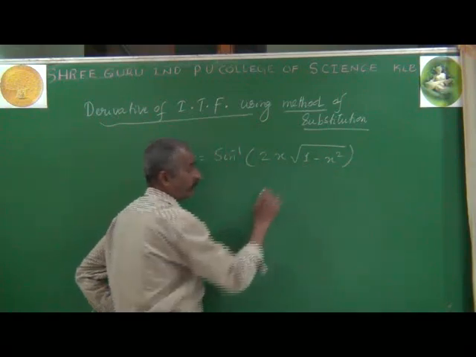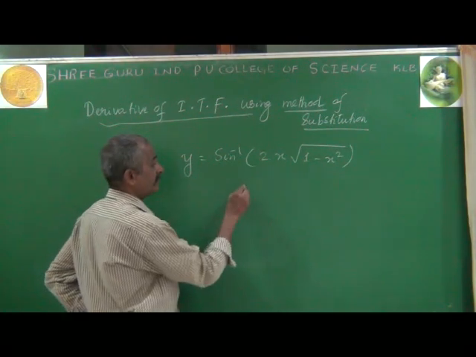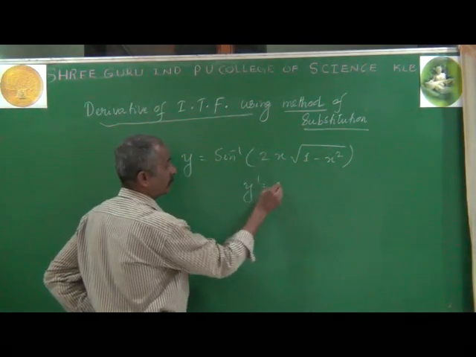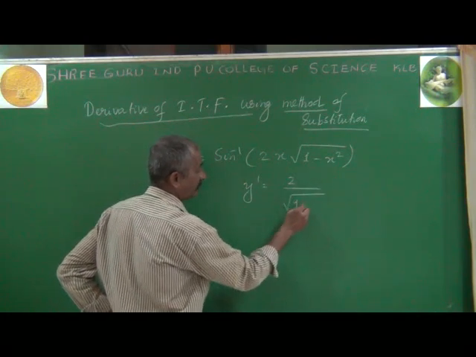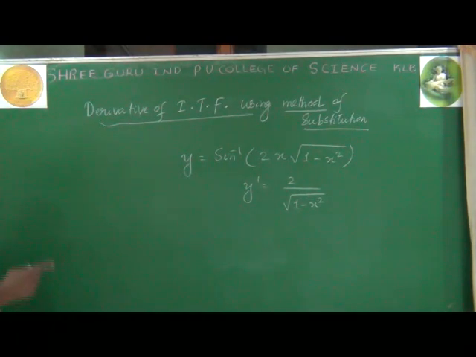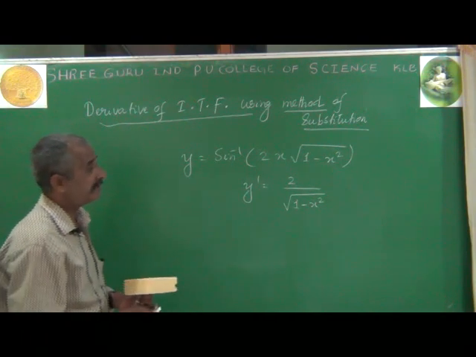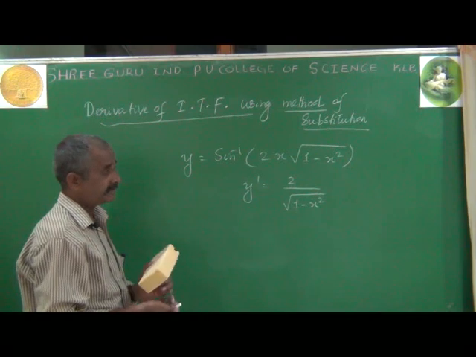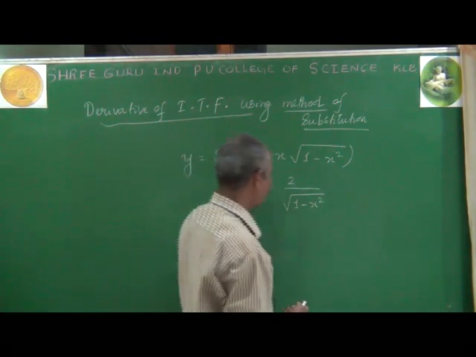This is the given problem and you are asked to show that y dash equals 2 divided by square root of 1 minus x square. One method is direct differentiation, but direct differentiation will be very complicated in the sense of simplification, etc. That you can try first.